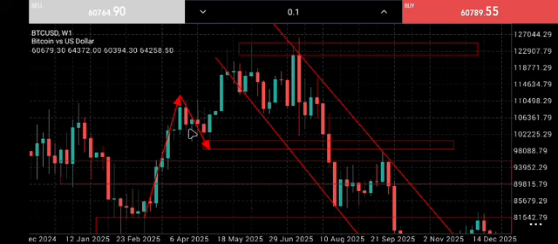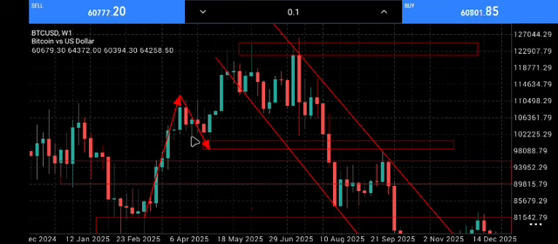Then this one is called a hammer candle. This blue one is a bullish candle. Remember you have the bearish candles, which are the red candles, and the bullish candles, which are the green candles.